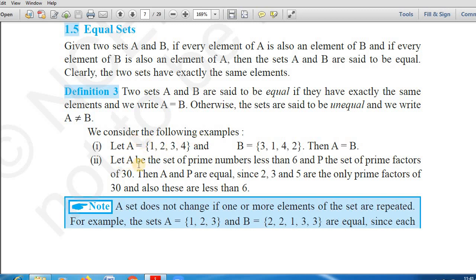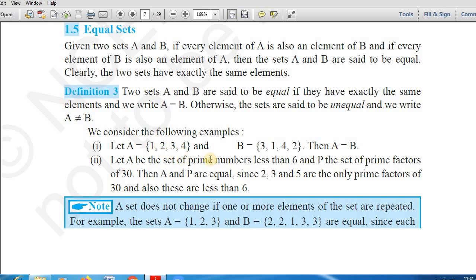So in the following example, A is equal to 1, 2, 3, 4 and B is equal to 3, 1, 4, 2. Just the order of the elements is different, which we are not bothered about. Order is not mandatory to be maintained.